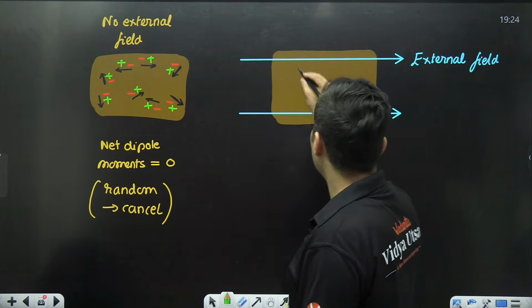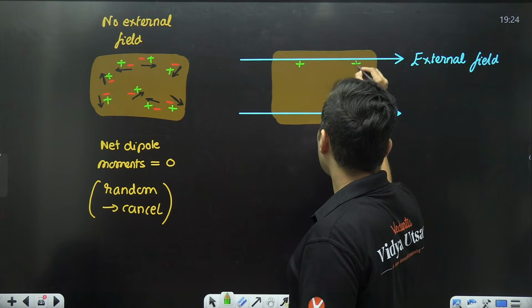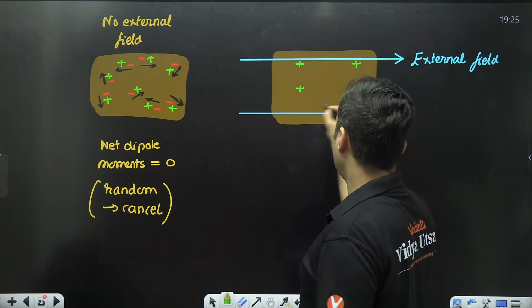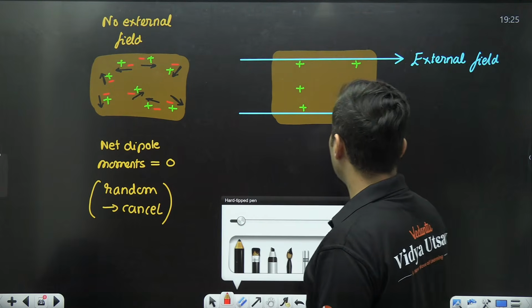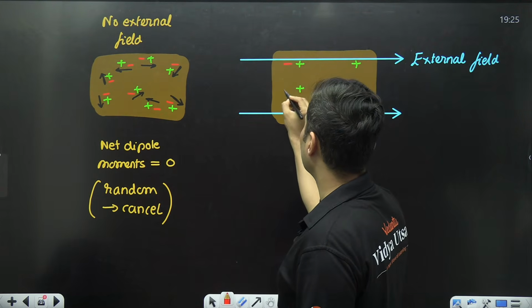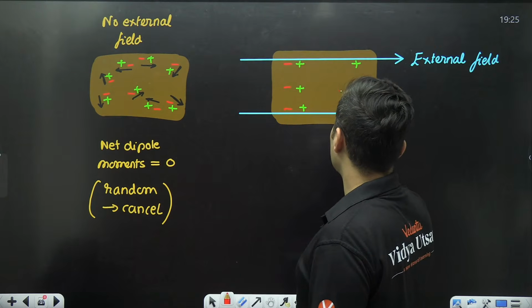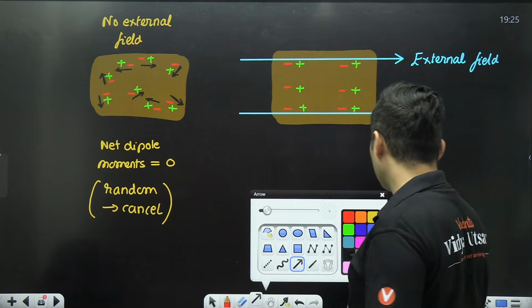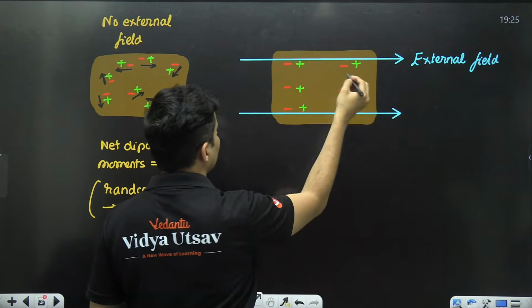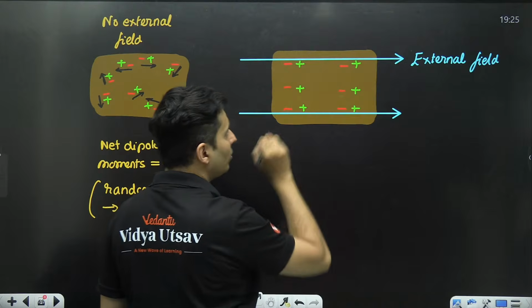So you will see all the positives moving towards the electric field, and the negatives opposite to the electric field like this. So there is an alignment which is happening and you can see that alignment very clearly now. This is positive being pulled towards that electric field.